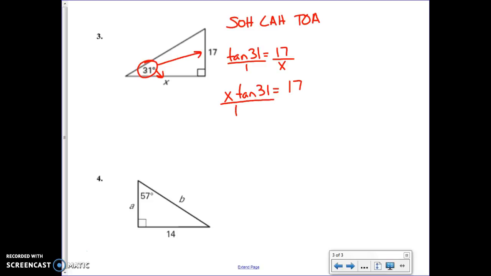So I'm going to divide the entire side by tangent of 31. Anything I do to one side, I have to do to the other. So then I'm left with just x, and you can just type 17 divided by tangent of 31 in your calculator. So when you do that, you should get 28.3.